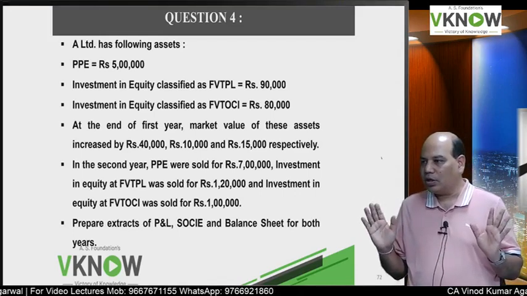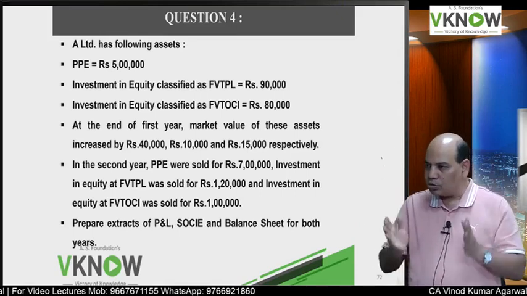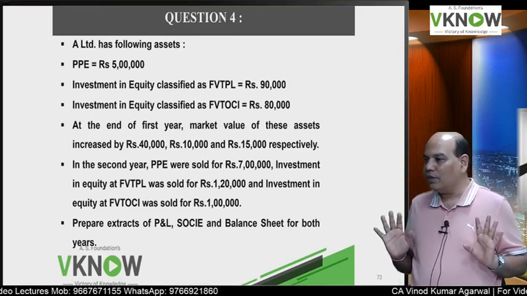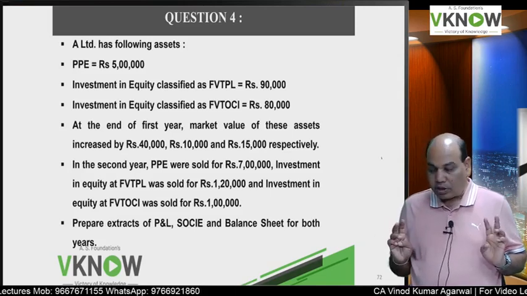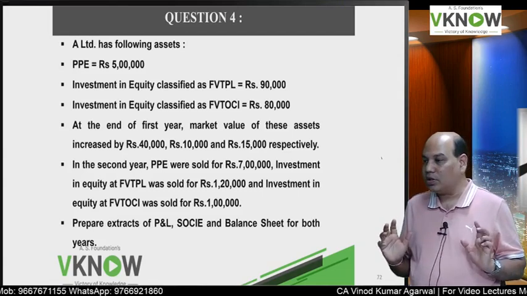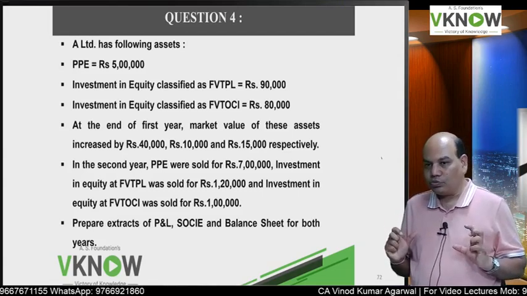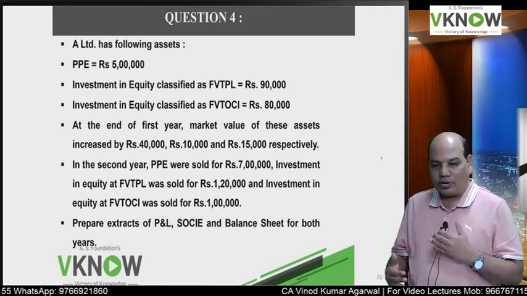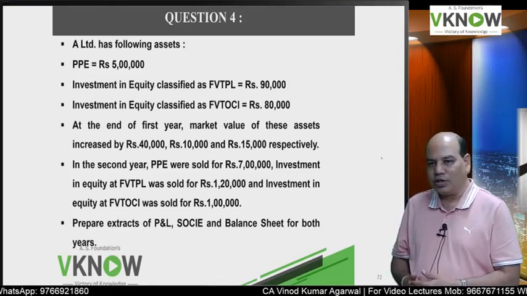Here the intention of the management is to make profit by trading in those shares. That is why FVTPL. But in FVTOCI, the intention of the management is long-term, strategic investment, not to earn profit by playing with the change in the market value.